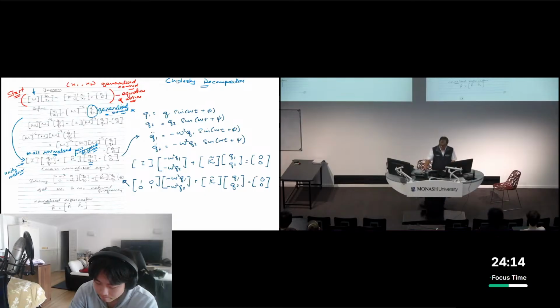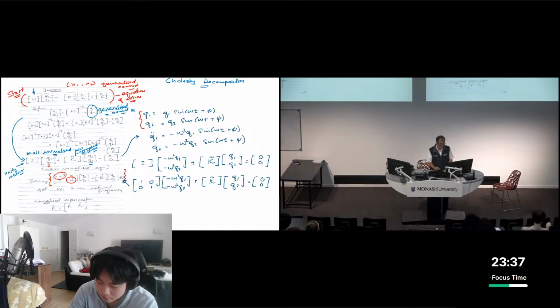Now, it is from this that he's able to determine the solution. I'll show you how this thing is done with some examples. Now, Q1 and Q2, these are the solutions that we would expect in terms of sine and cosine functions. You differentiate twice with respect to time, okay, to allow for this column matrix, and this here will be the equation that will allow you to find the natural frequencies of the system.